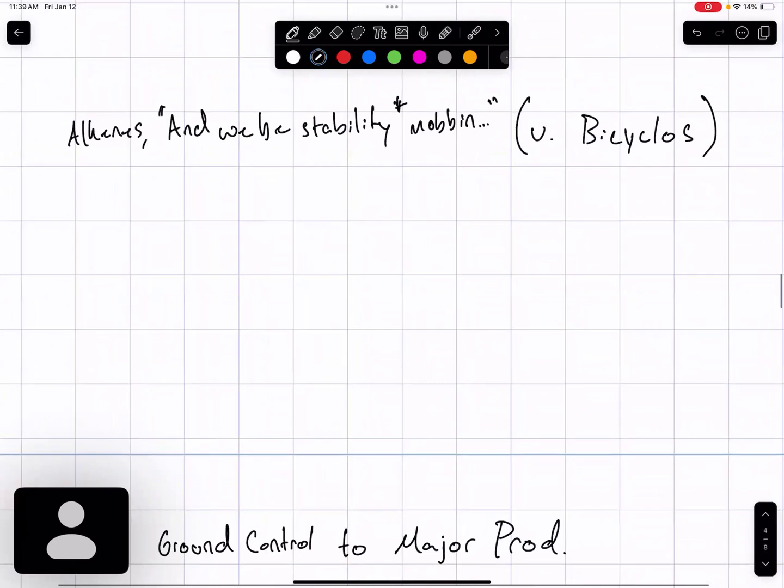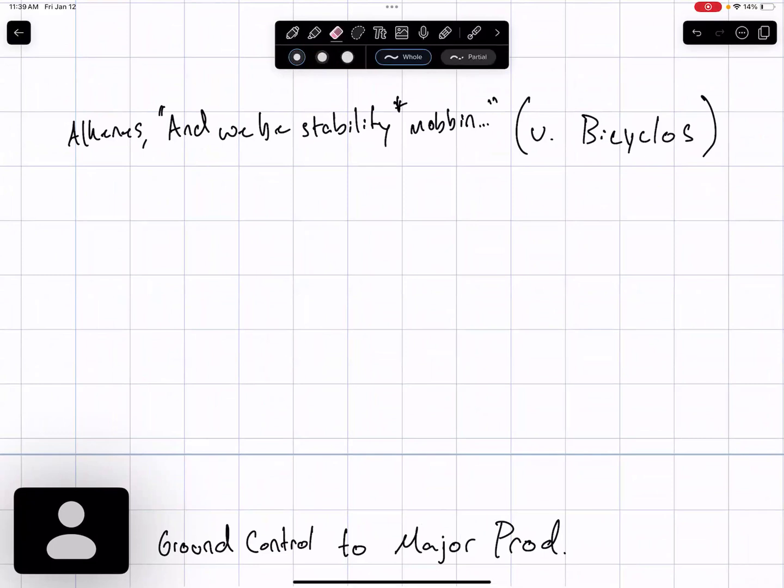Okay. So, all right. Well, this is a little Wayne song, but I didn't expect you guys to know this. All I want to talk about here is stability. And I'm sure you guys saw stability in class, but we're going to talk about stability in 2 forms, in bicyclos and in regular alkenes.